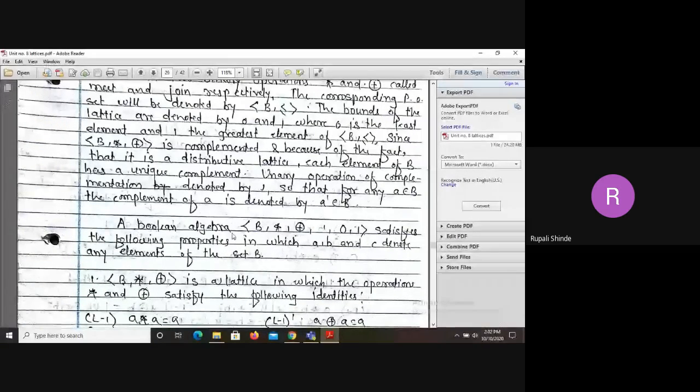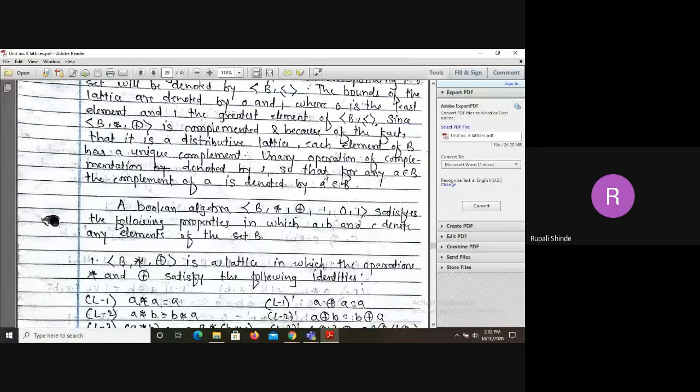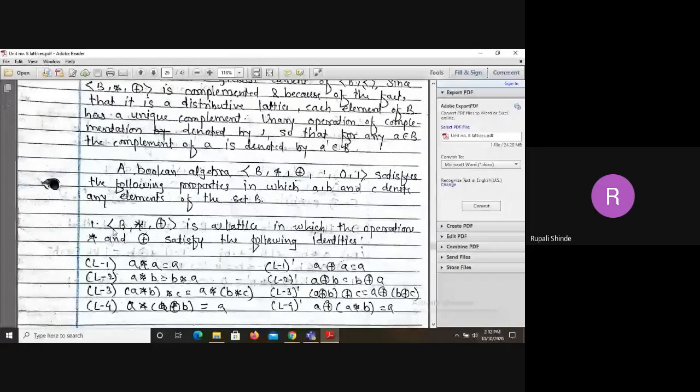So a Boolean algebra B star XOR complement 0, 1 satisfies the following properties, in which A, B, C denote any elements of set B. So here we have taken 3 elements of set B, and those 3 elements are A, B, C. B star XOR is a lattice in which the operations star and XOR satisfy the following properties.